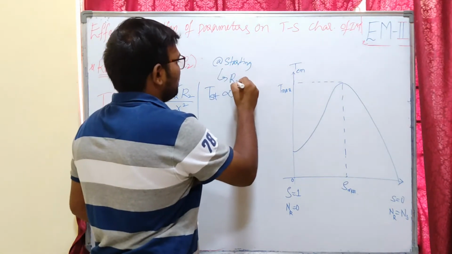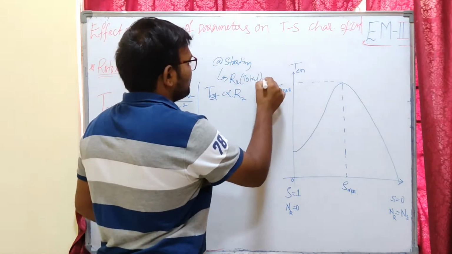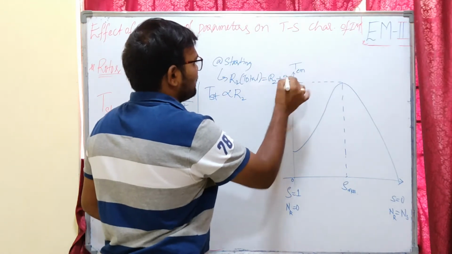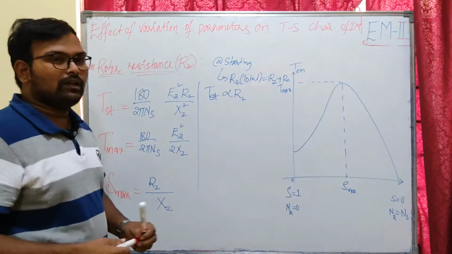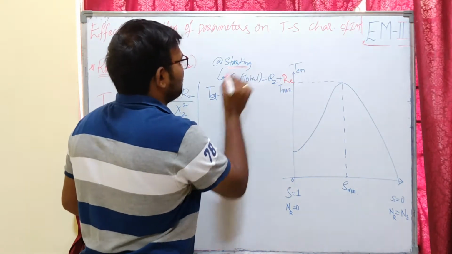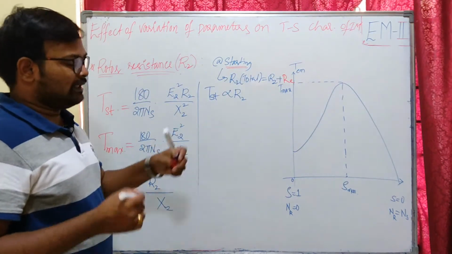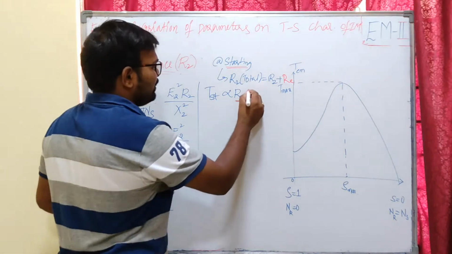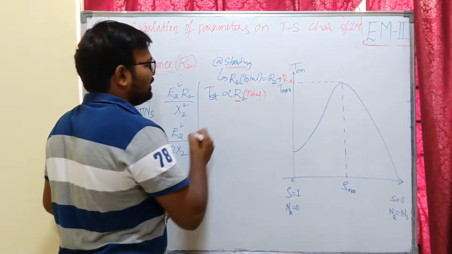So our total rotor resistance will be R2 plus our external resistance. In slip ring induction motor, we add this external resistance Re at the time of starting, so that we can increase the starting torque. So our R2 will be equivalent to our R2 total at starting condition.